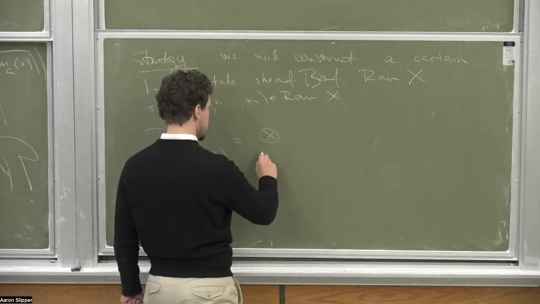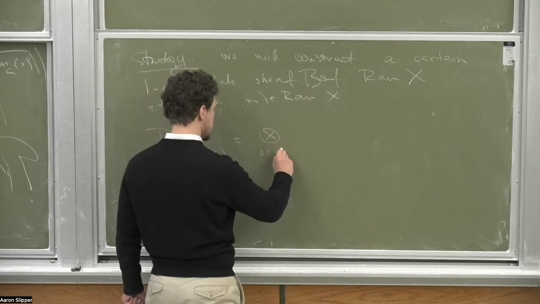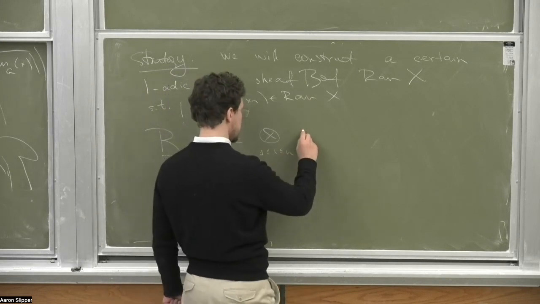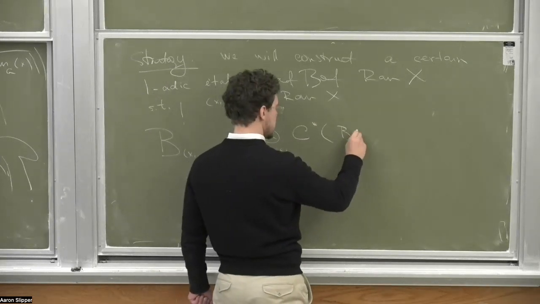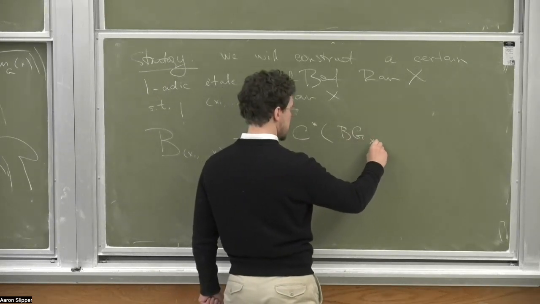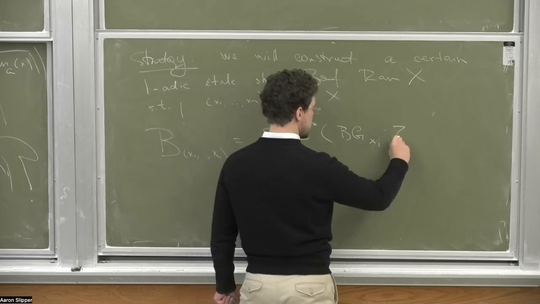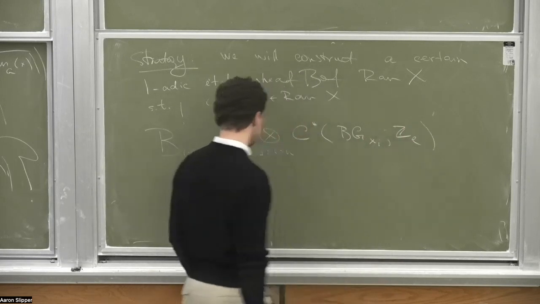is just the tensor product over these points of cochains on BG pulled back to the Ran space.